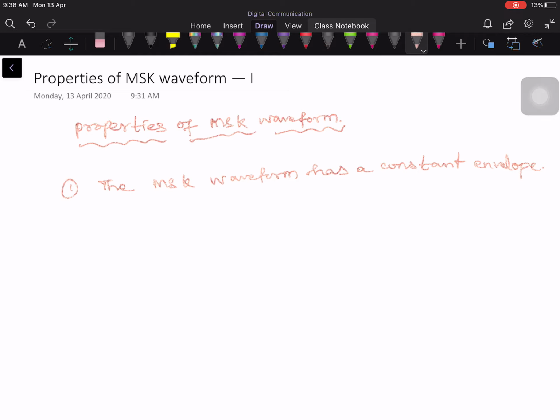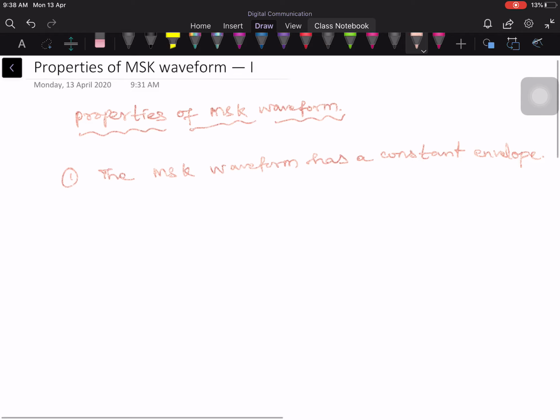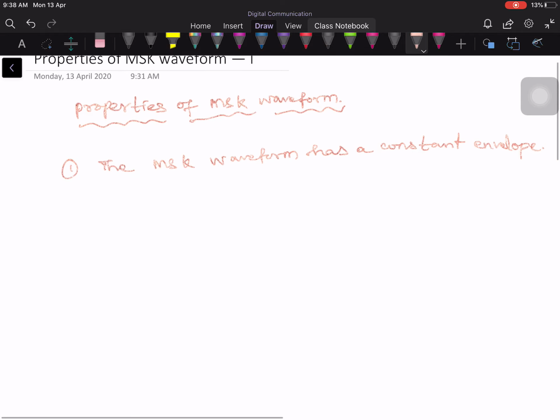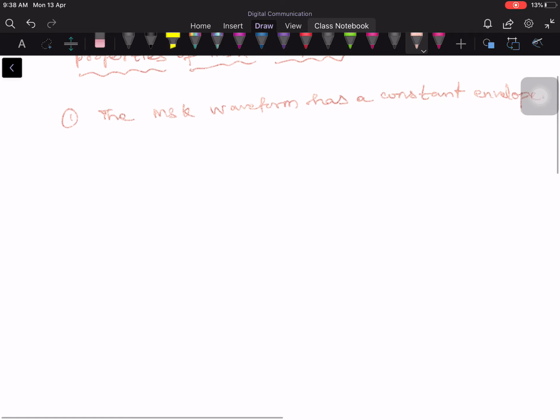Although the individual I and Q channels seem to be amplitude modulated DSB-SC kind of waveforms, the final overall MSK modulated waveform is a constant amplitude or a constant envelope signal.